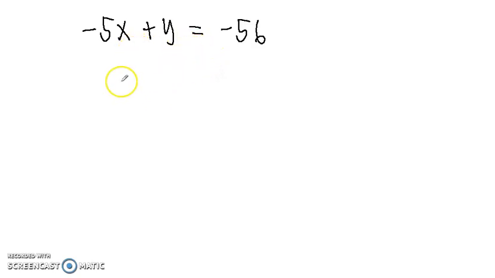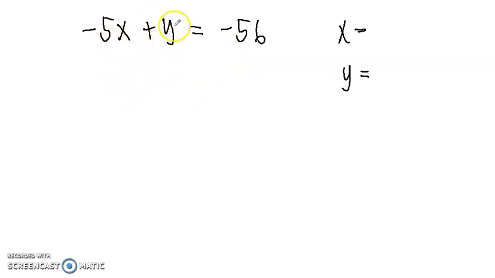We are looking for what is x and what is y. First thing we will do is solve the equation by substitution. Meaning you have to form another equation so that you can solve for this equation. So first we add 5x to both sides.